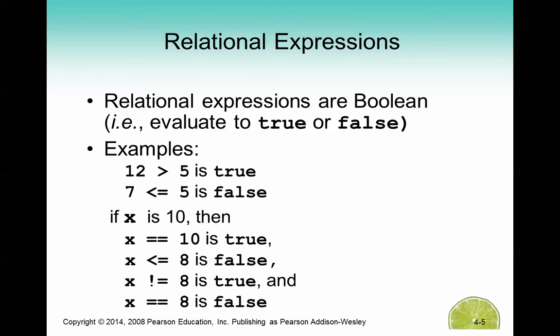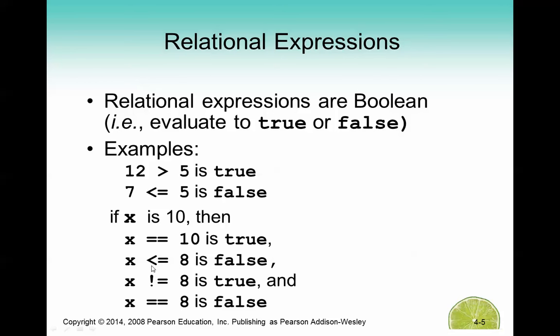And this is an example. Is 12 greater than 5? So the answer here is true. Is 7 less than or equal to 5? This is false. If x is a 10, then we're using x as a variable. Then we're going to be comparing, is x equal to 10? Well, this is true.